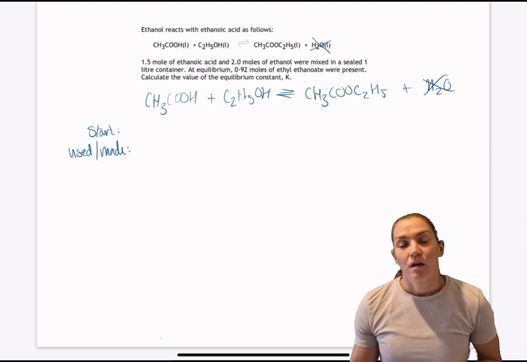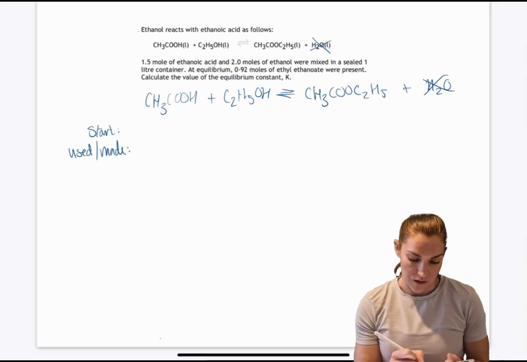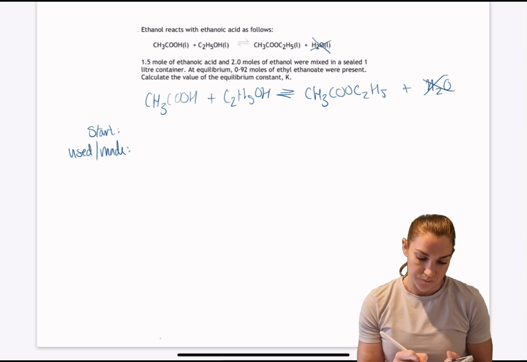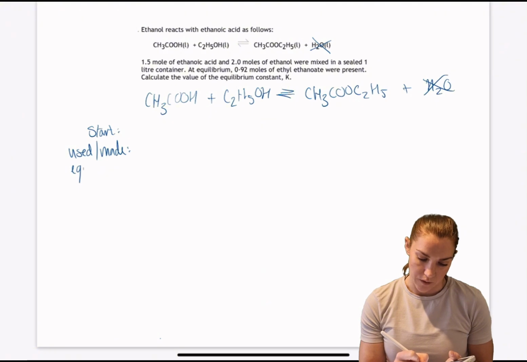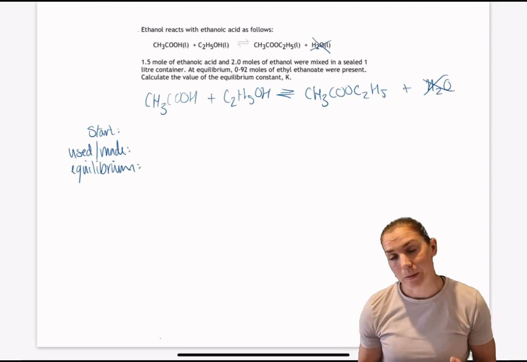And then for the last word, I like to use the word end. You can use the word equilibrium, it doesn't really matter, whichever suits you. I'll maybe go with equilibrium though, just because we are obviously calculating equilibrium constants, so it might be less confusing for people.